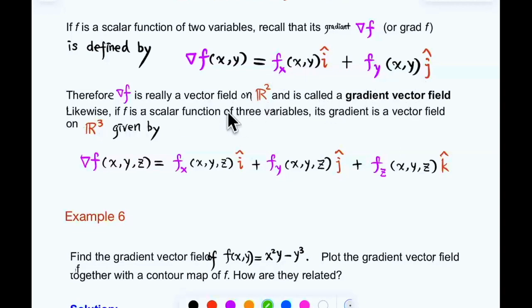And if the small f here is a scalar function of three variables, then the gradient will be a vector field in V3, so it has three components right here. The gradient of a scalar function in two variables is a vector field in V2, and the gradient of a scalar function in three variables is a vector field in V3.